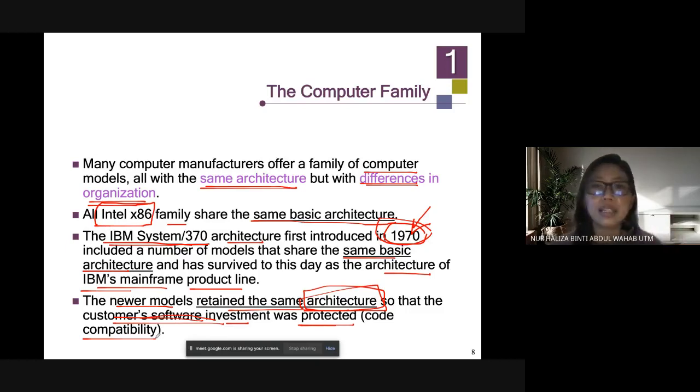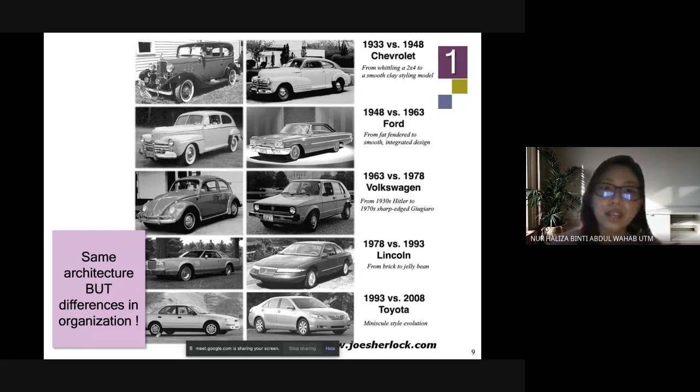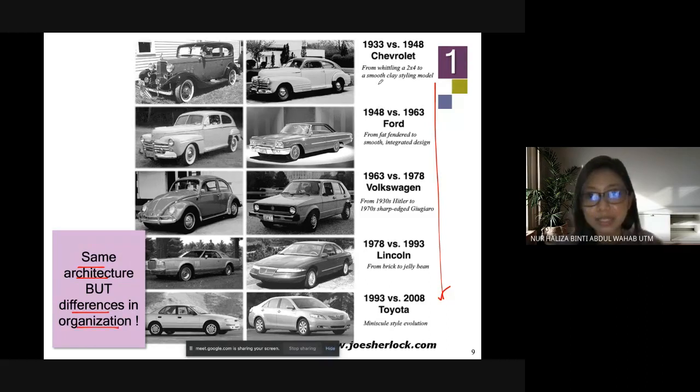This is just an overview, so this is how it flows. Maybe you can read it by yourself. From Chevrolet, this is just an example of the difference: same architecture but different organization. You can see Chevrolet moving to Ford, and then Volkswagen, after that Lincoln, and then Toyota, and so on.